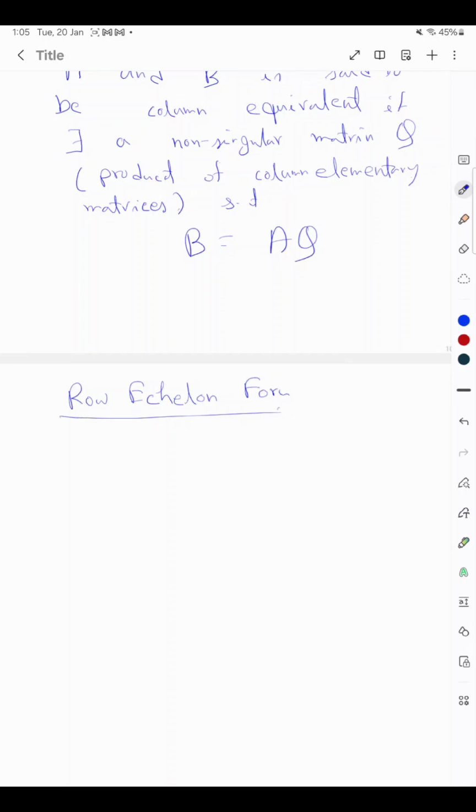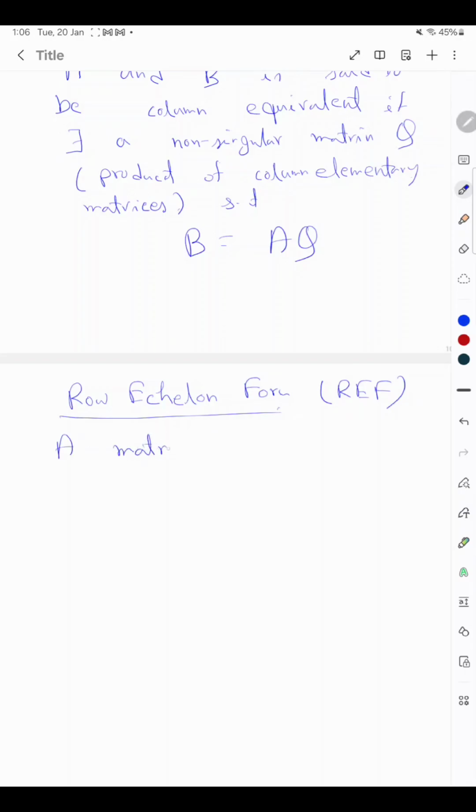Now I am defining what the row echelon form is. Sometimes there are short forms, yes, REF, just a short form. And whenever it is row reduced echelon form, that we will do next, that is RREF.